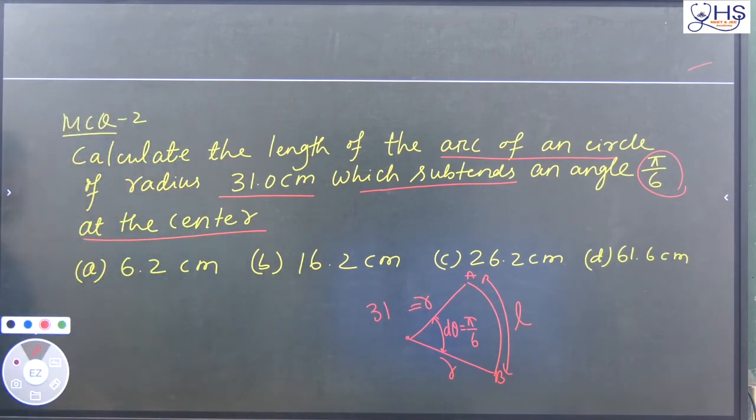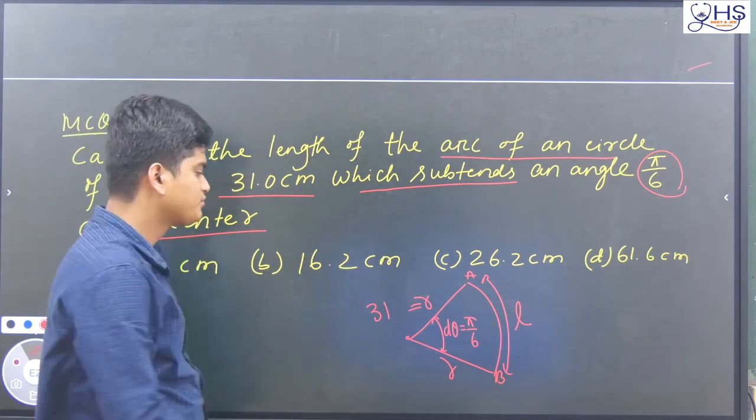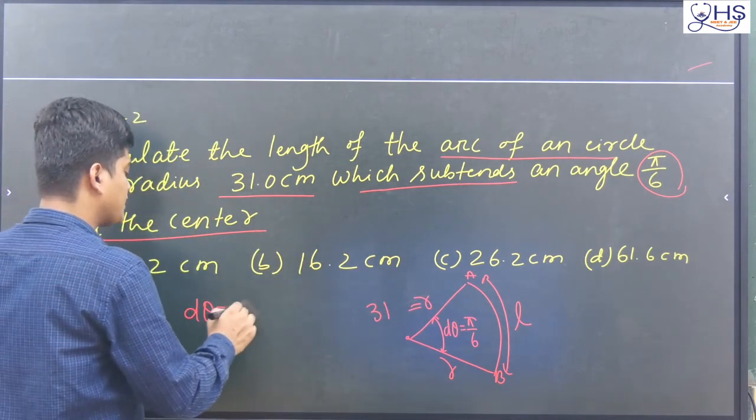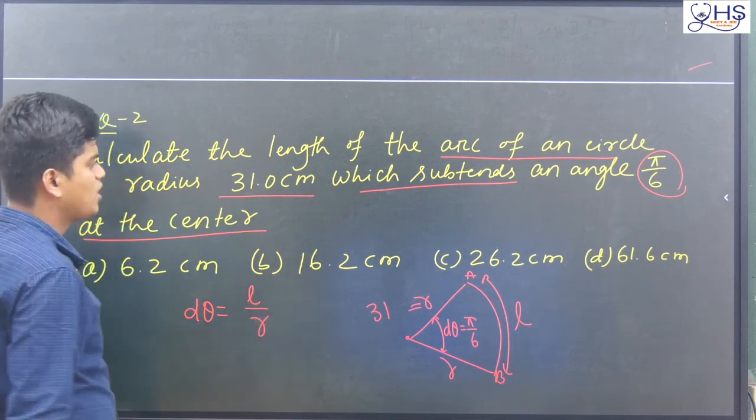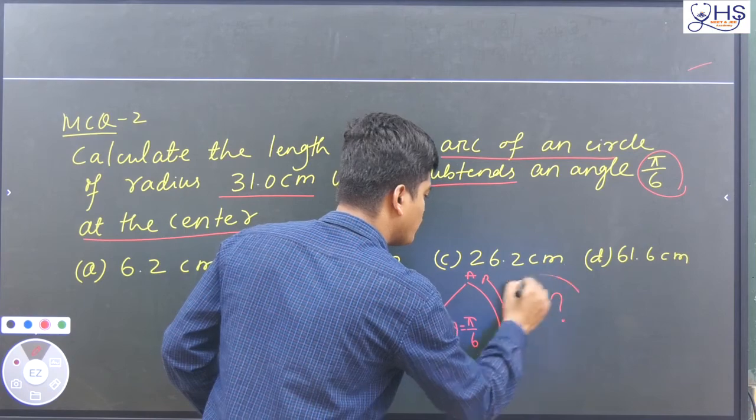Now you already know, we have discussed in the plane angle concept, if you want to find d theta, that is L by r, but in this case d theta is given, r is given, and they are asking about this L.